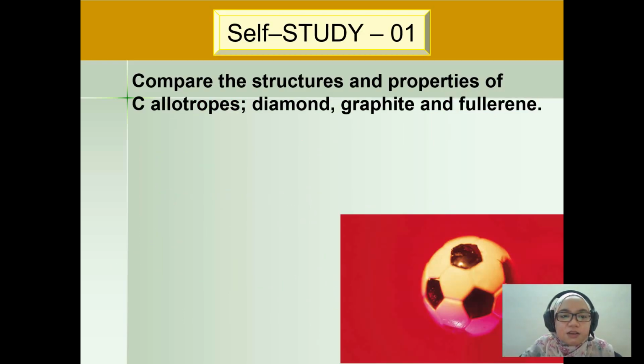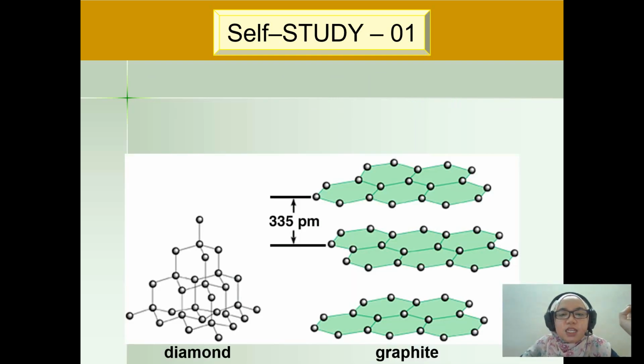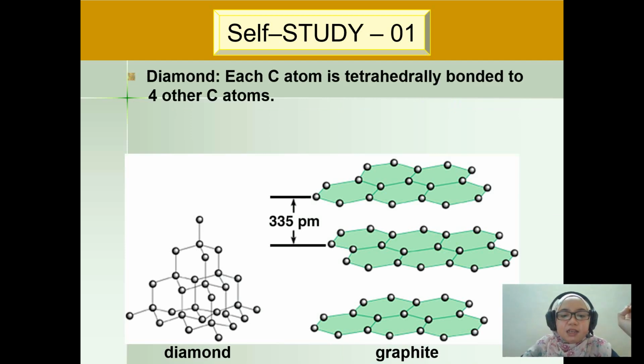Okay. Now it asks us to compare the structures and the properties of C allotropes, diamond, graphite and fullerene. All three of these have a giant network. So we look at diamond. So in diamond, each C atom is tetrahedrally bonded to 4 other carbon atoms. Like the case of water, it can be tetrahedrally bonded to other carbon atoms.